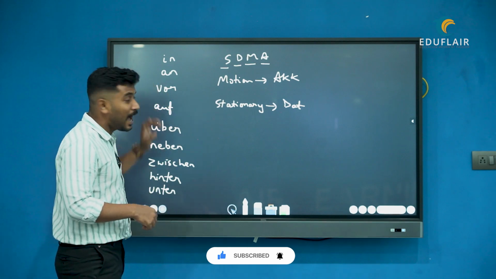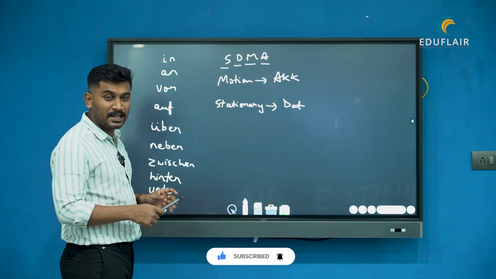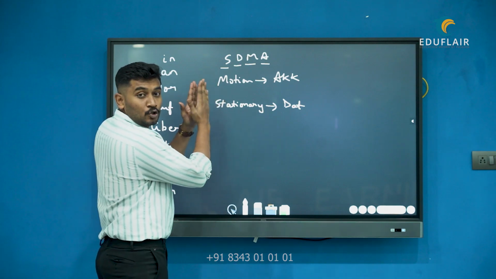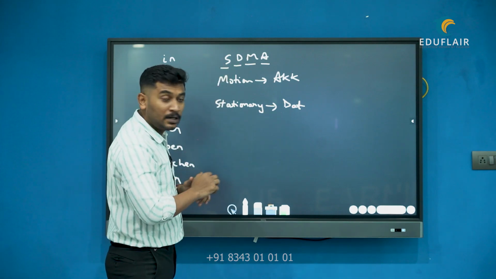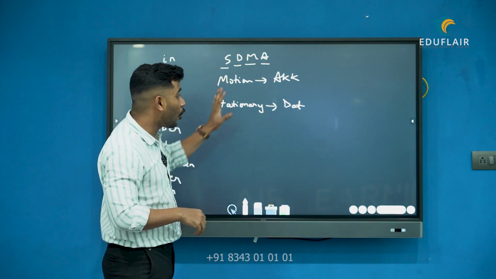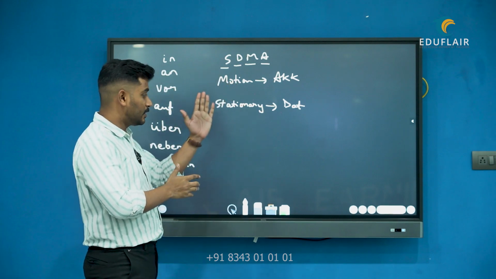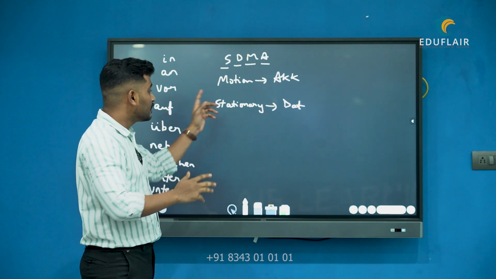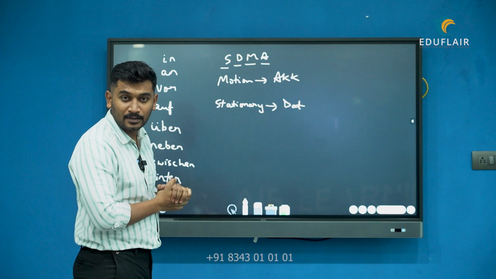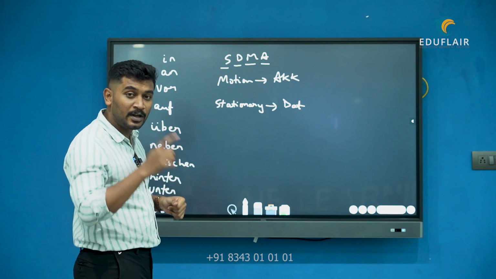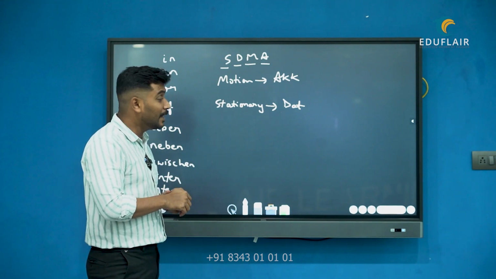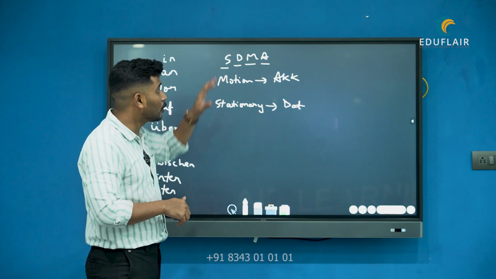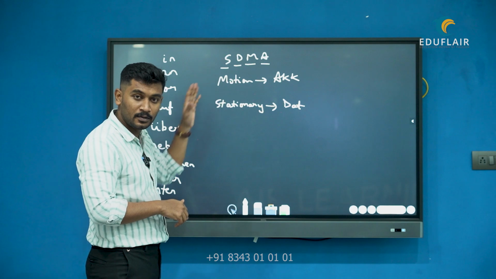Now the next one is an. We use an when something is parallel and touched to the surface. For example, this screen is on the wall. It's parallel and touched to the surface, so we'll use an. Like in my example, das Bild hängt an der Wand, because the picture was hanging on the wall.